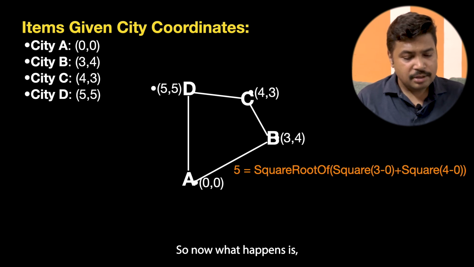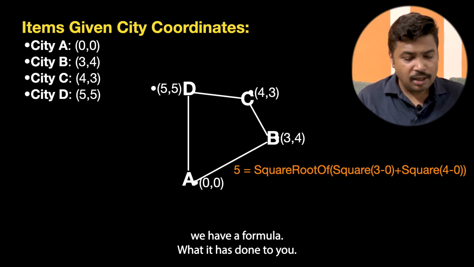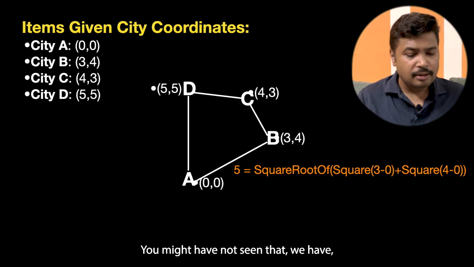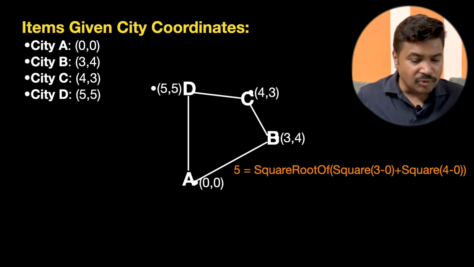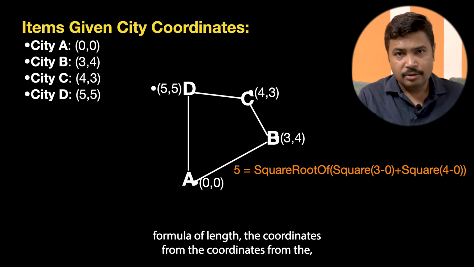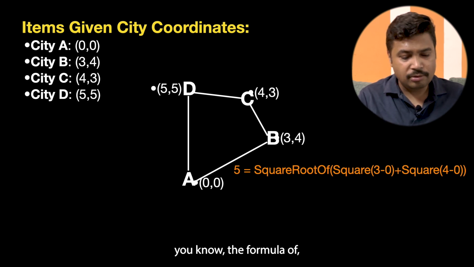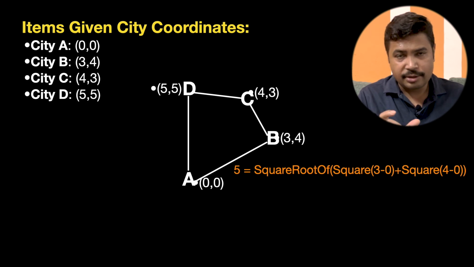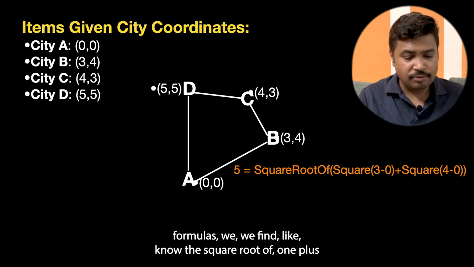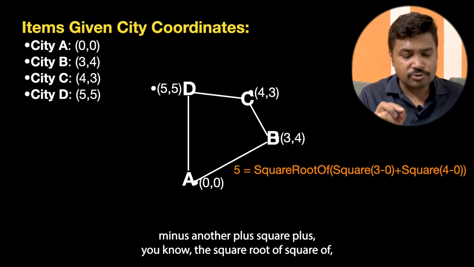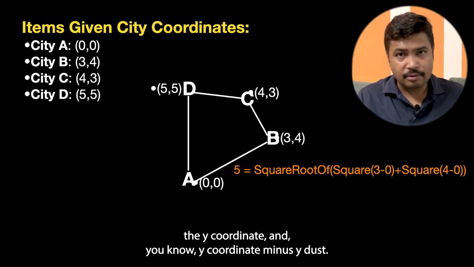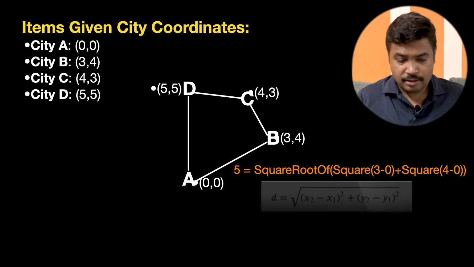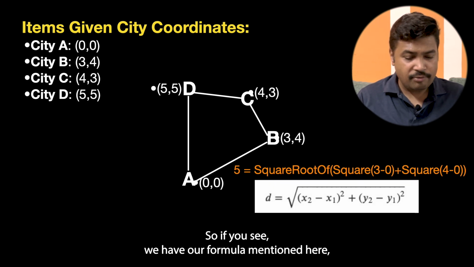Now we have a formula. You might have seen the formula of length from coordinate geometry. From the coordinates, we find the square root of the x coordinate difference squared plus the y coordinate difference squared.